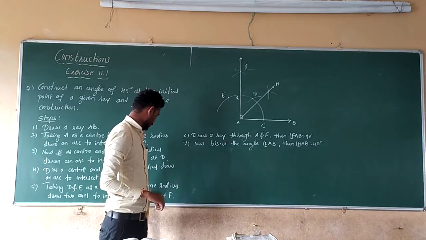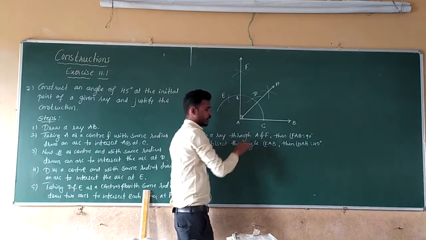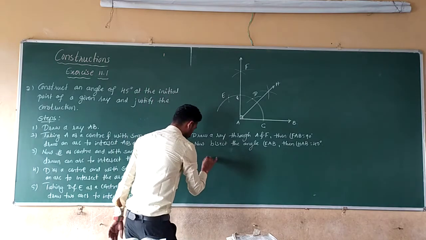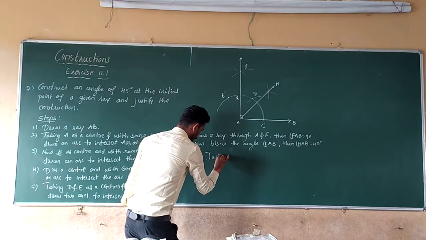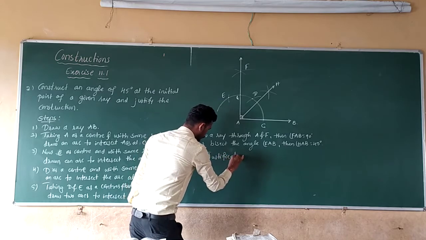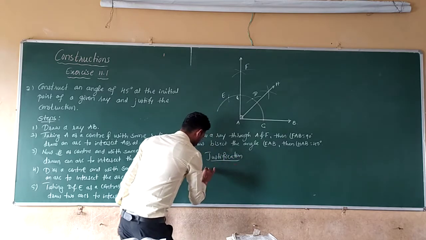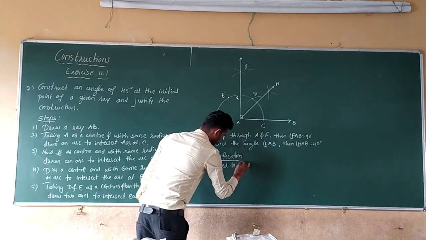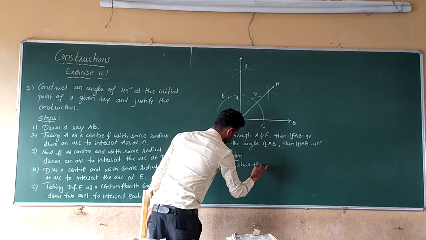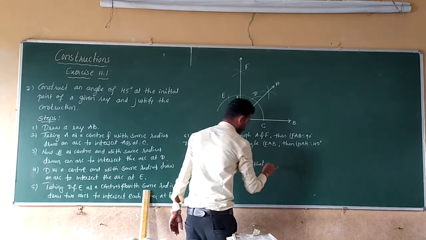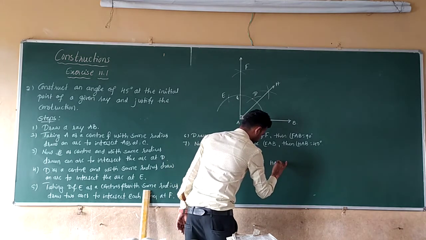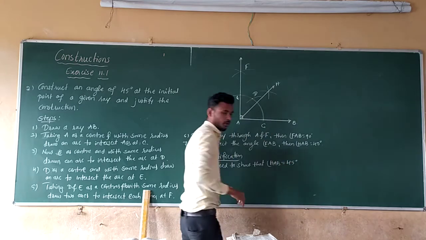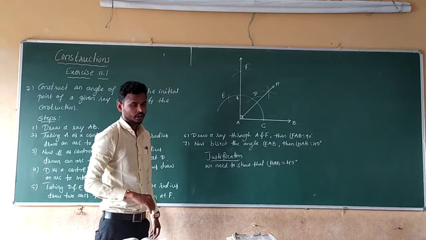So now the justification. How does it become 45 degrees? We need to show that angle HAB is equal to 45 degrees.